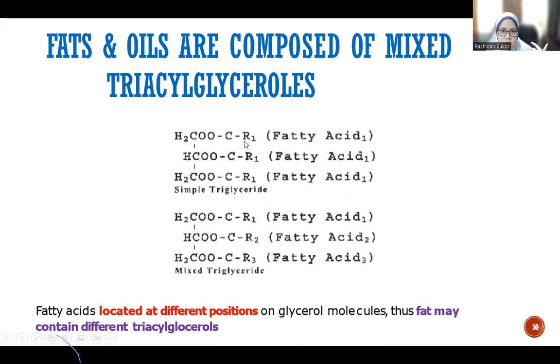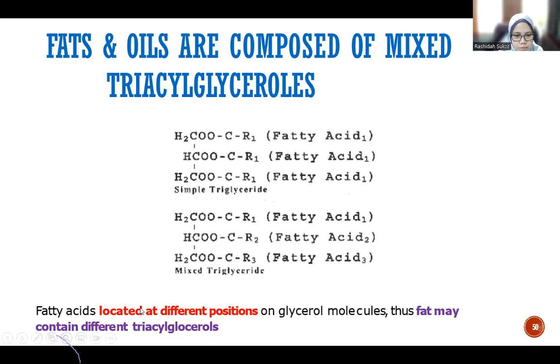So here, depending on which type of acid that sits here, this triacyl glyceride or triglyceride, what type of fatty acid will determine all those physical properties and also chemical properties.